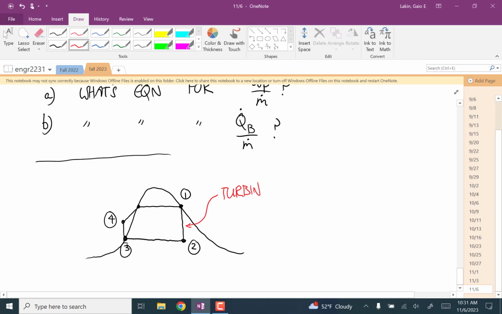The turbine is from 1 to 2. The condenser is from 2 to 3. The pump is from 3 to 4. And the boiler is from 4 to 1.